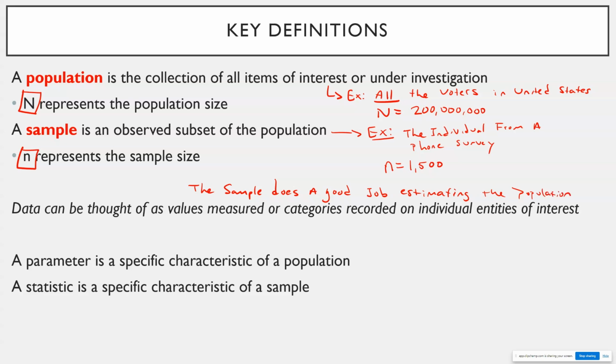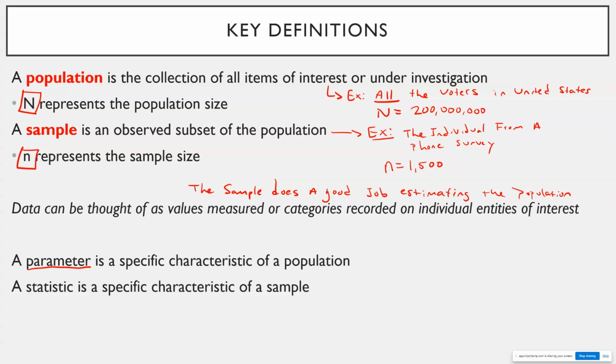Data can be thought of as the values, measures, or categories recorded on these individuals. Like when you call them, are you going to vote? Yes or no? That's the category you fall into. A parameter is a specific characteristic of a population. For example, if we were able to call all 200 million Americans and ask them if they were going to vote, the percentage we calculated from that would be a parameter.